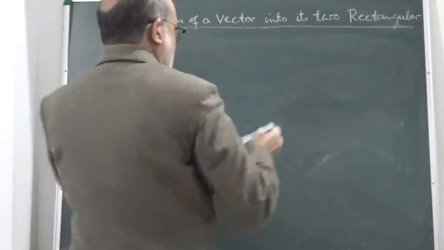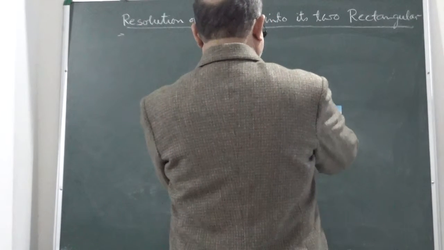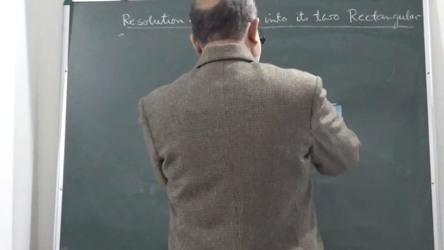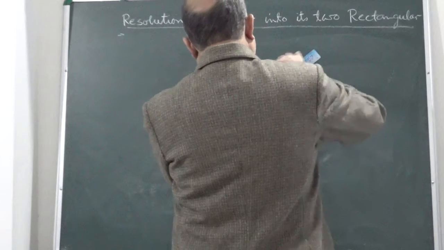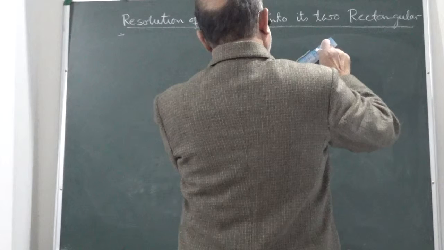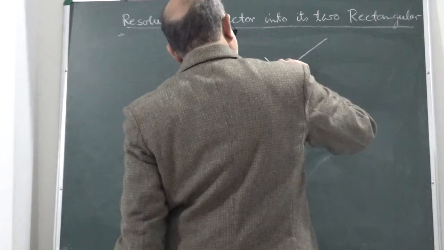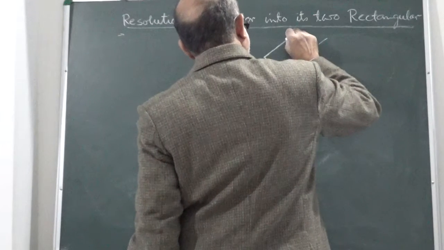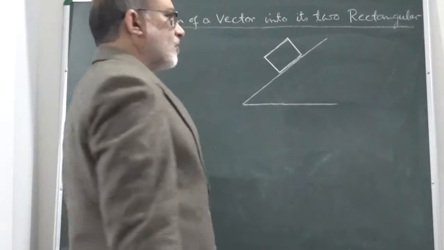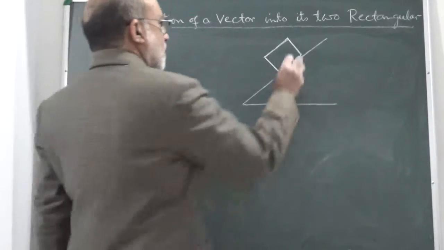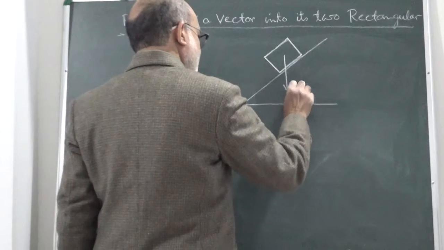So take one more example. Suppose the block is on an inclined plane. The weight acting on the block is along this direction, mg.